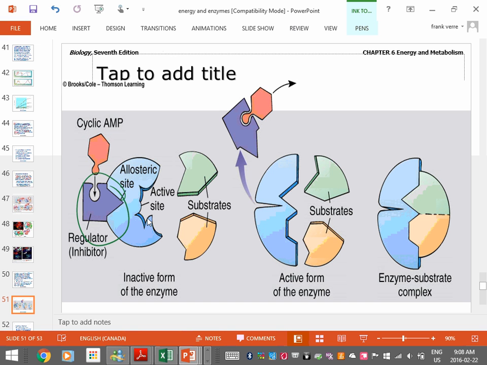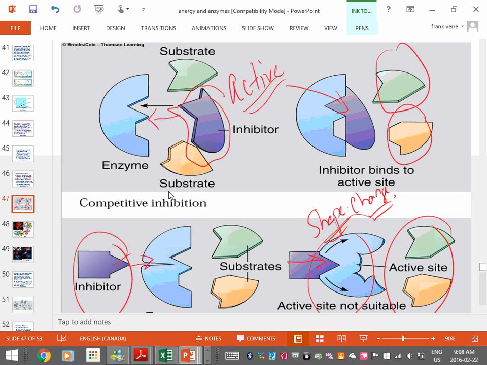Here's my active site over here, and I can see that if I take away the molecule, here's my enzyme over here, my enzyme reverts back to its normal shape, and the substrate fits in. This diagram looks exactly the same as this bottom one over here, doesn't it?